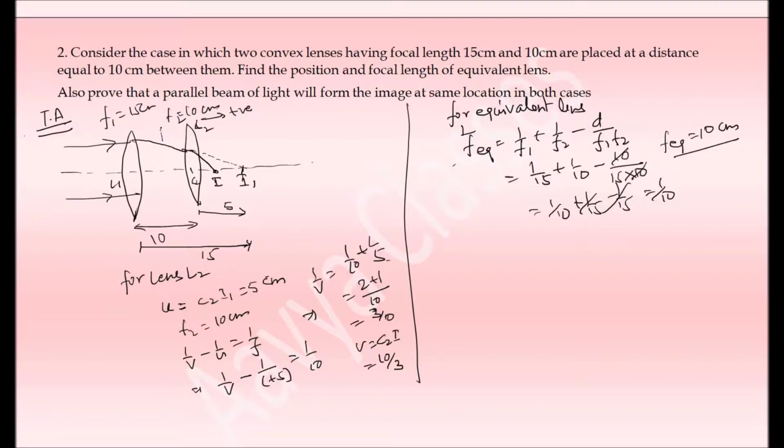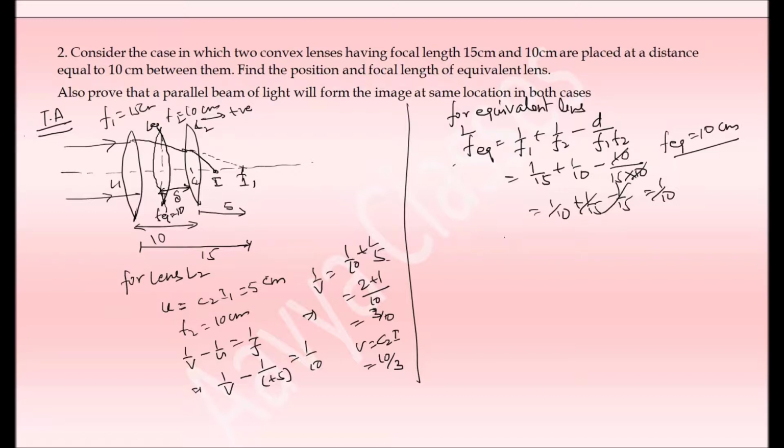So the focal length of the equivalent lens is 10 centimeter. Suppose this equivalent lens is placed at this point; we call this lens L equivalent. Its focal length is equal to 10. Second, we have to calculate the distance of this equivalent lens from L2.